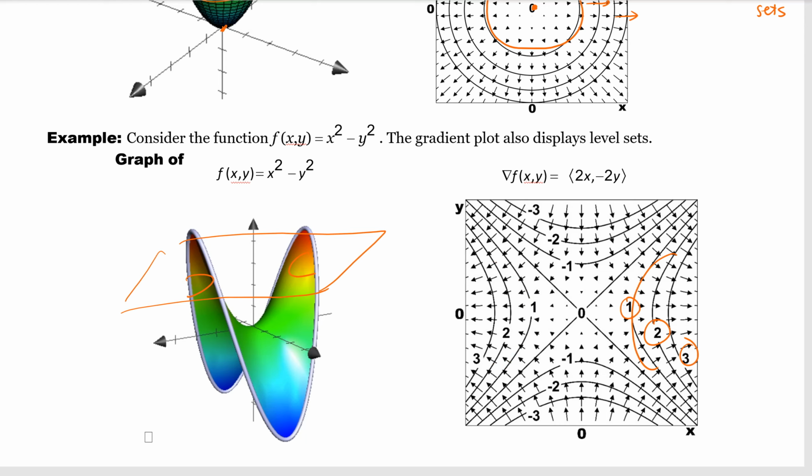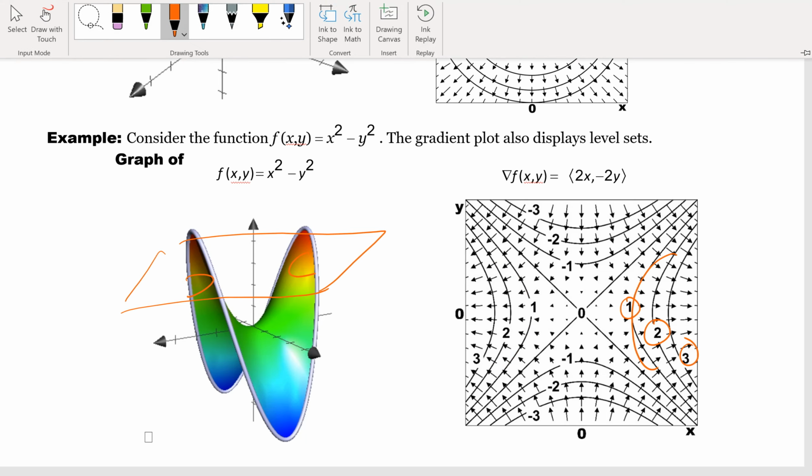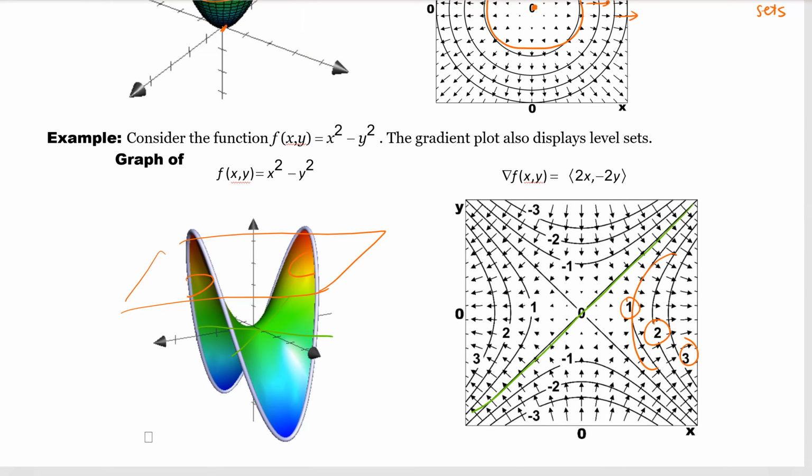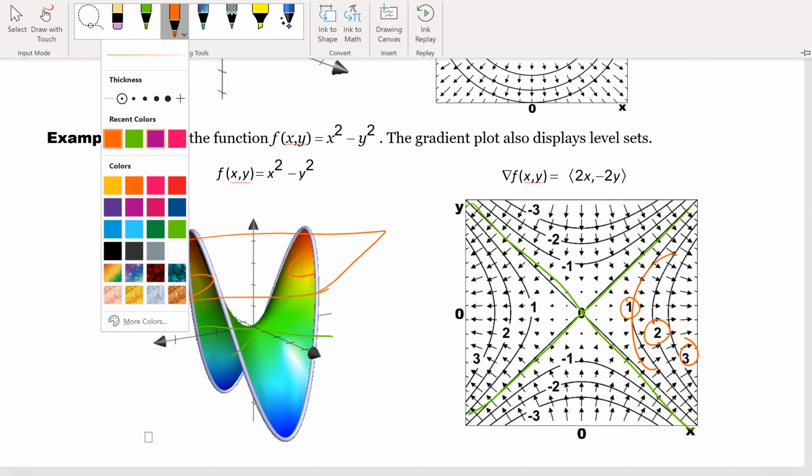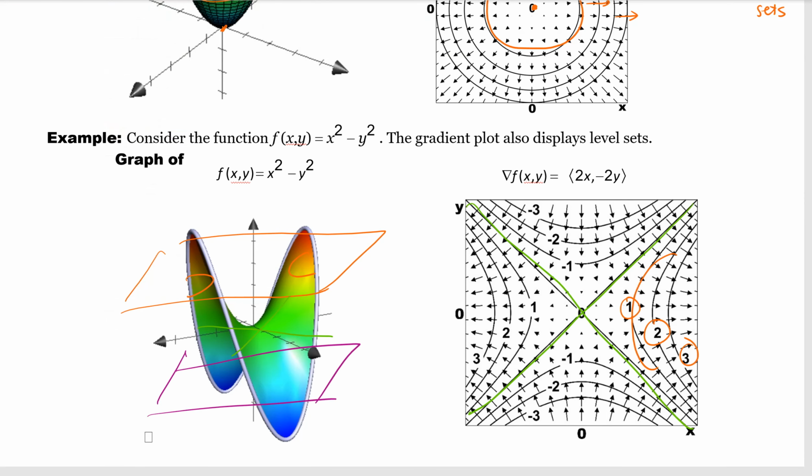When we pick z equals 0, we get these two lines. If we pick z negative, then we have this one and that one, so the z values are negative. Okay, so those are the level curves.